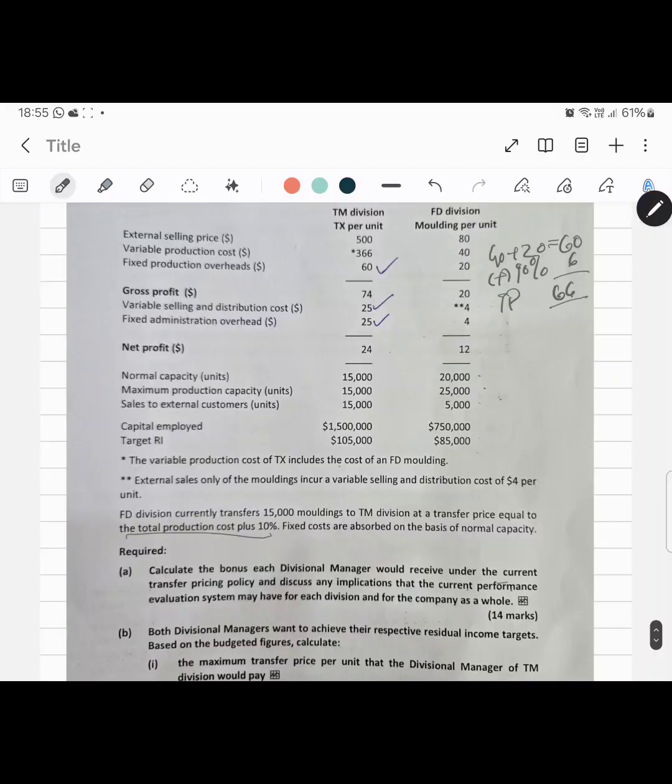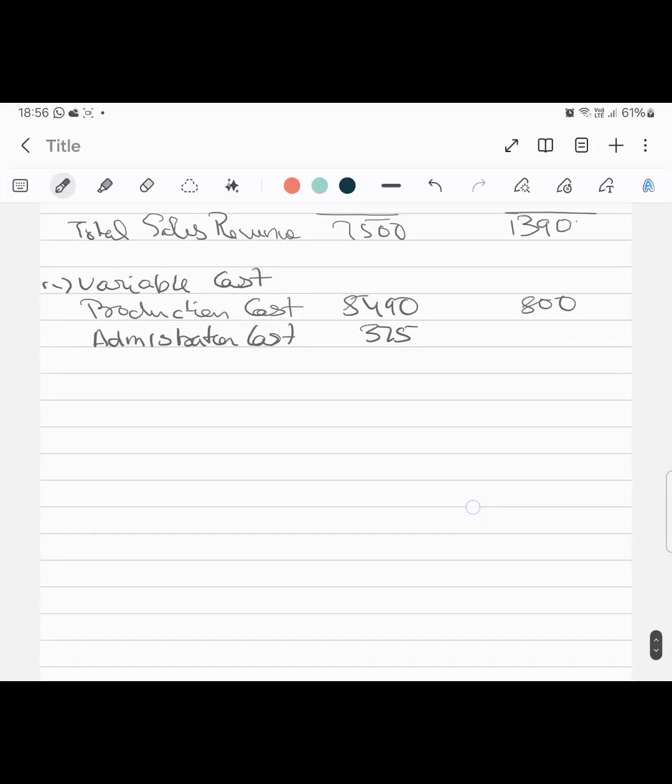And for this, it is 4. There is a note given that external sales of molding only incur a variable selling and distribution cost of 4 per unit. So this is only for external sales. Variable selling and distribution by FD is for external sales, so I'll have to apply 4 into the external sales of 5,000, that is 20.